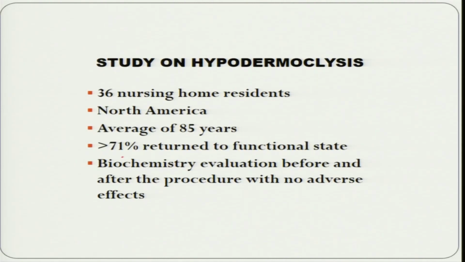More than 71% returned to a functional state, meaning whatever drugs they were given by the subcutaneous route were effective and got them back to their functional state, almost 71%. They also did biochemical tests before and after the procedure, and found no adverse effect and no change in the biochemistry of the blood.